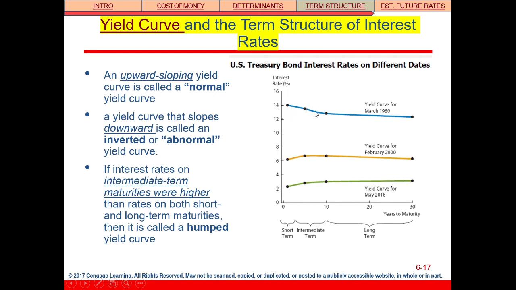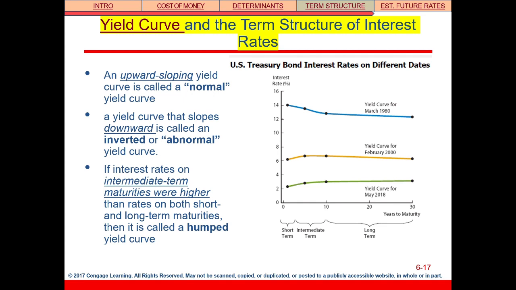But why would the blue one be downward sloping? It's because apart from the maturity risk premium, there are other premiums, right? The other thing that could change with the maturity is the inflation expectation.